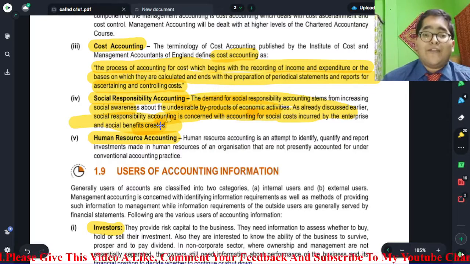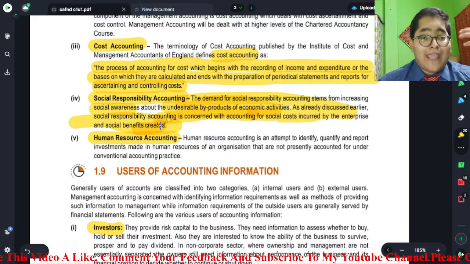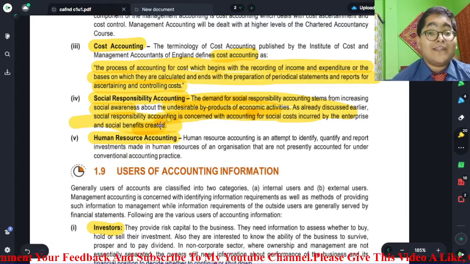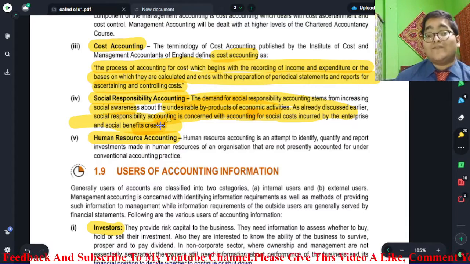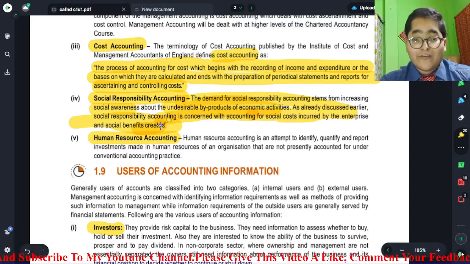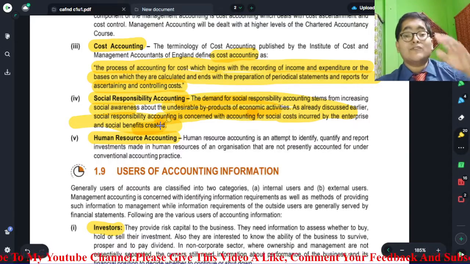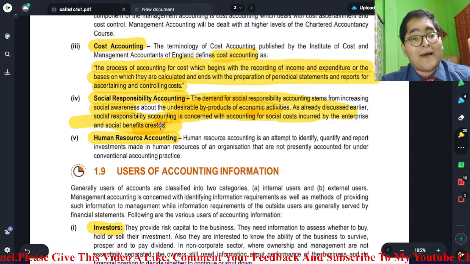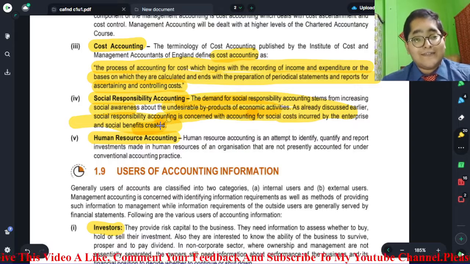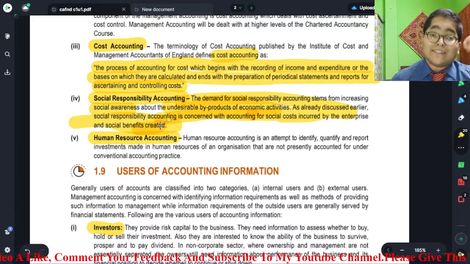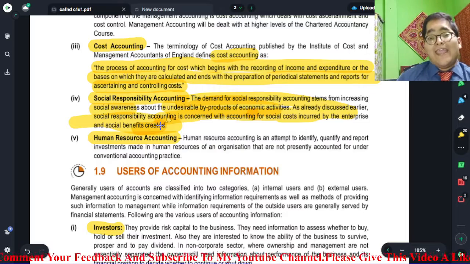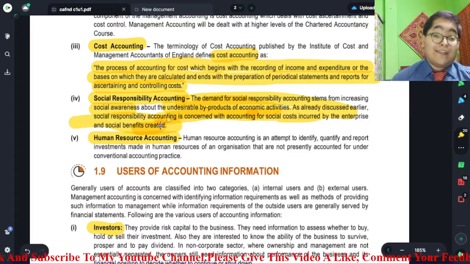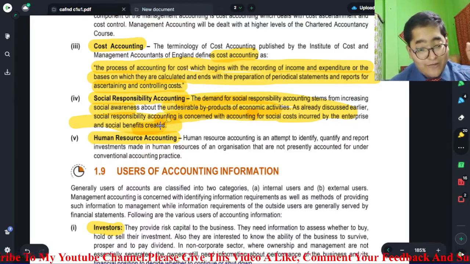The environment is being harmed by the harmful gases released from the preparation of petrol from petroleum. So it is a social cost, incurred by the public or the entire world. The social benefits given by Reliance Industries Limited in compensation for the social cost need to be recorded in social responsibility accounting.